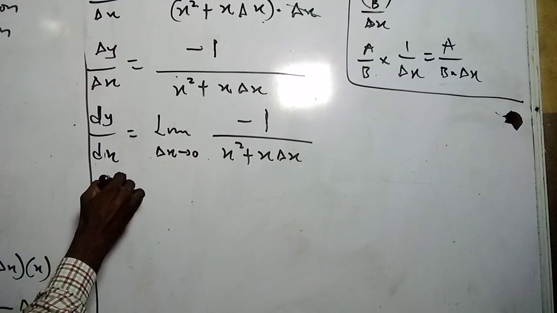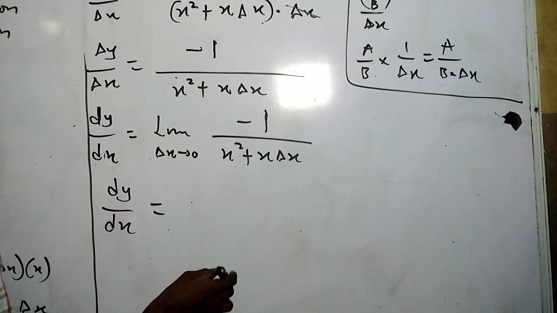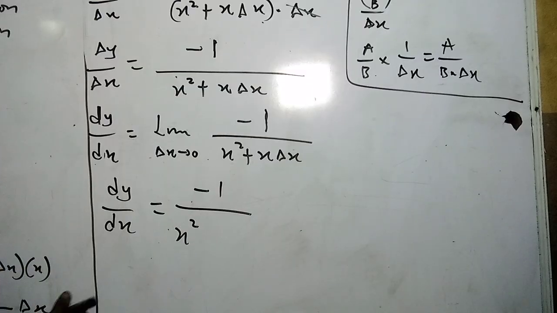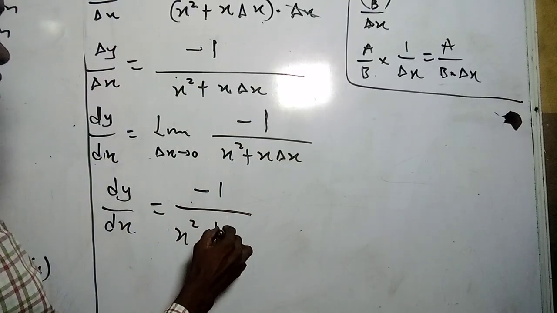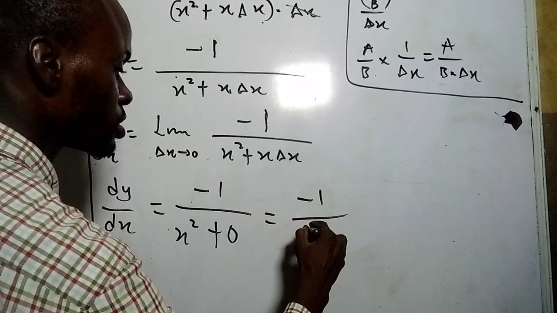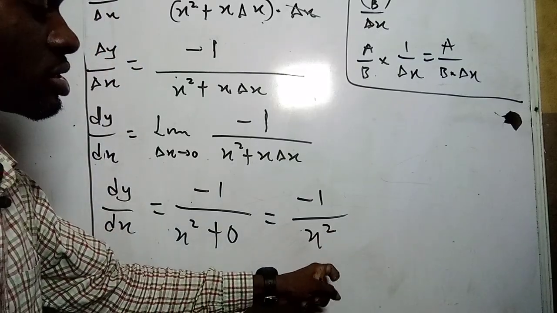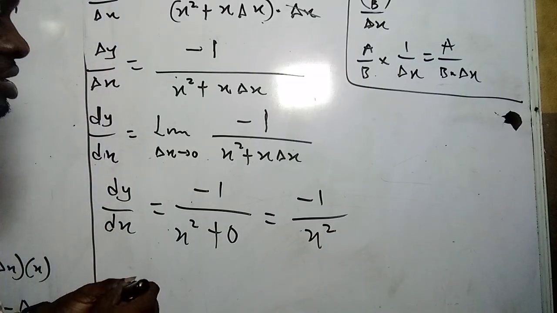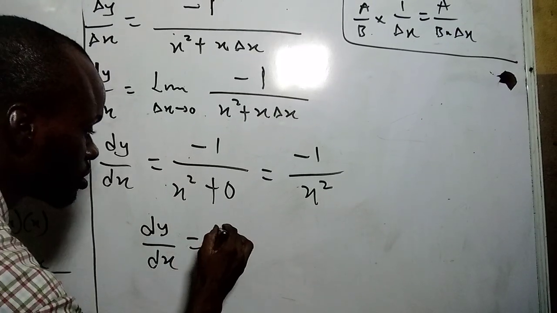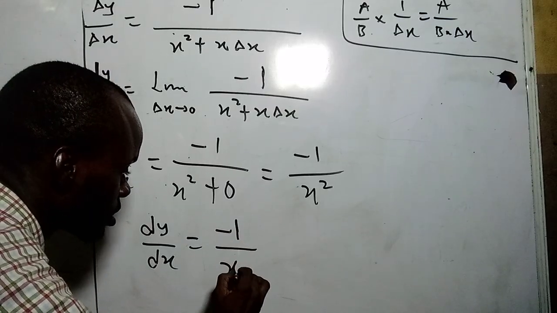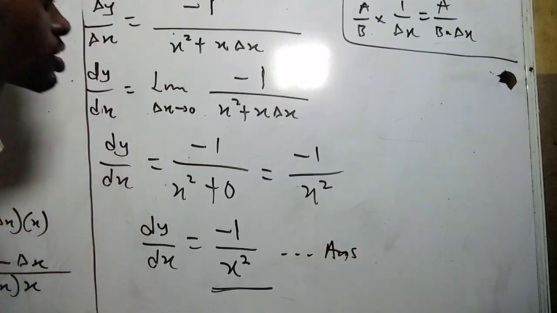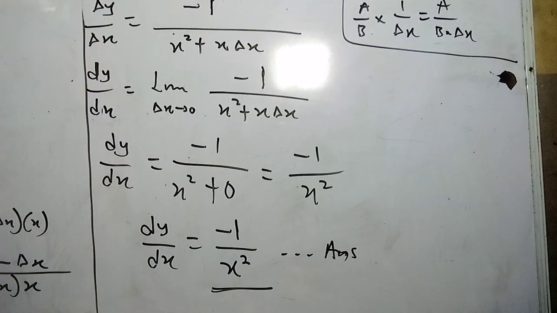That means our dy over dx will then give us minus 1 all over x squared, because this expression will become 0. So here I have minus 1 over x squared. So what we have here is our final answer: dy dx equals minus 1 over x squared. That's our answer using first principle.